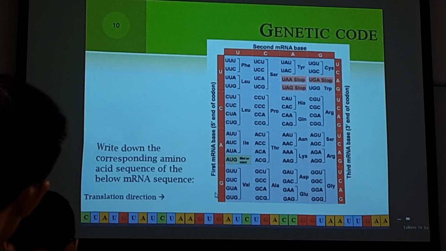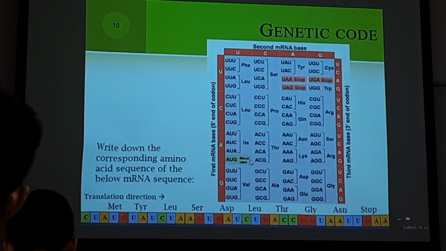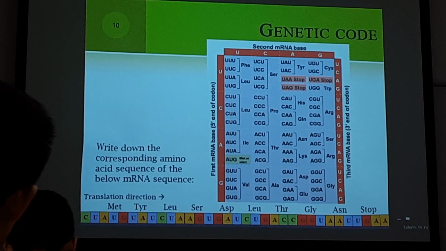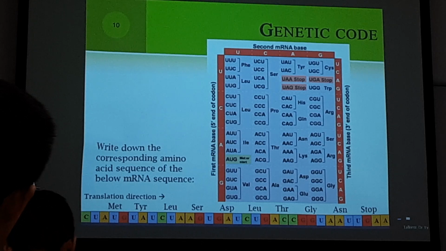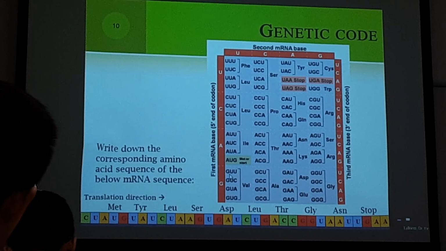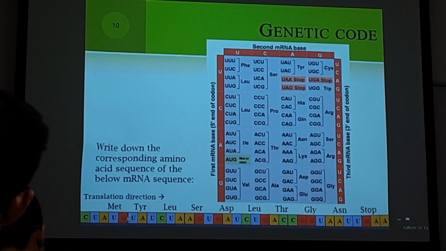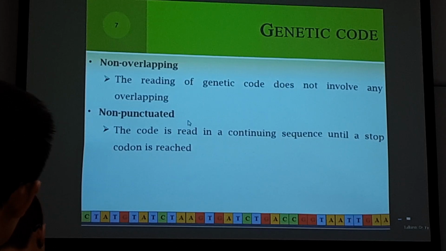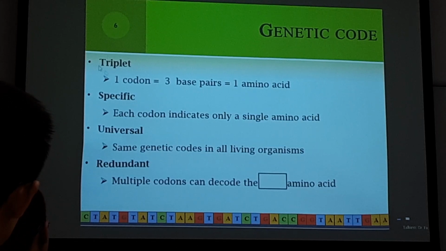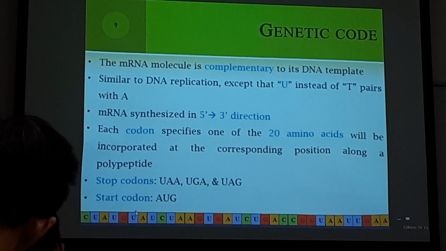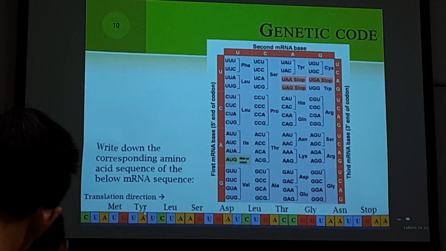And then always find the starting one, unless they ask you to start from the beginning. If they tell you to find the starting one, then you have to find the AUG, which is the start codon. After you find the start codon, read every 3 letters because the genetic code is in triplets.